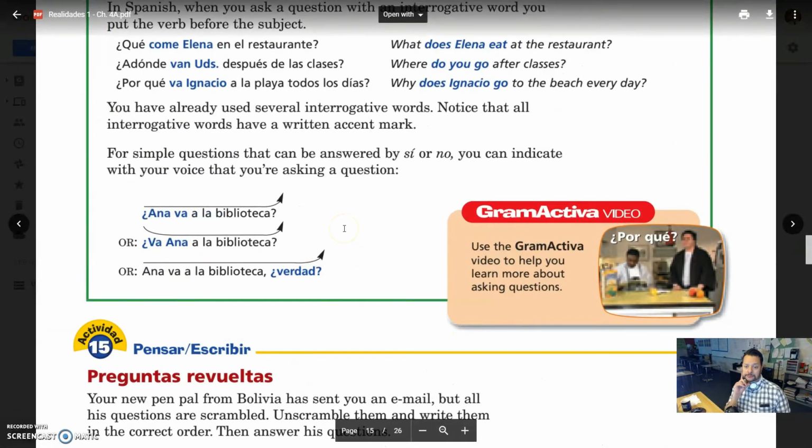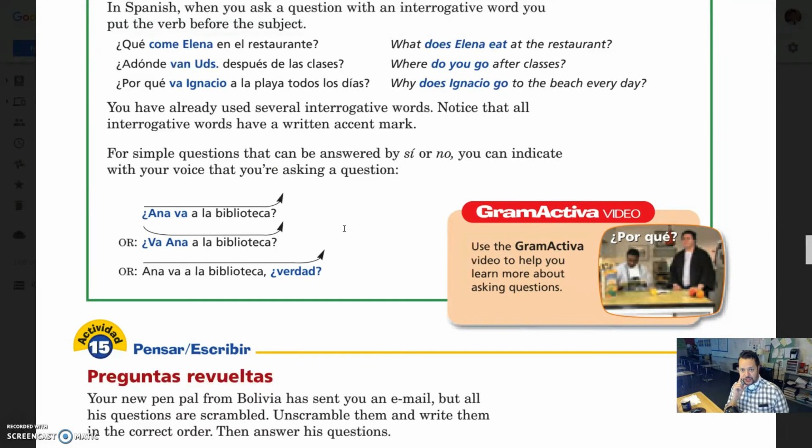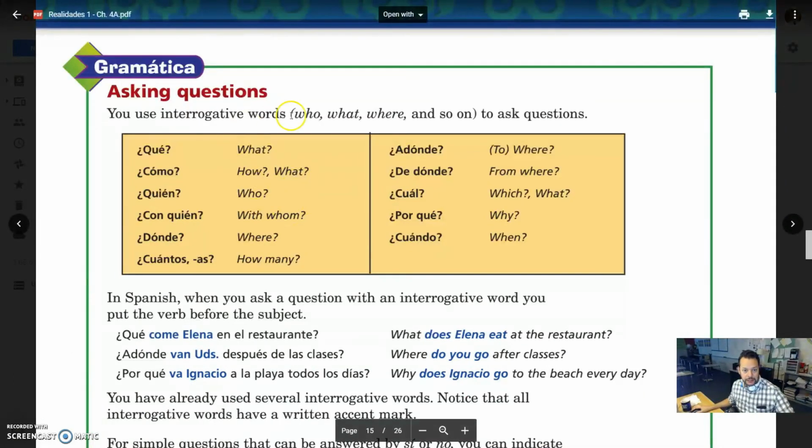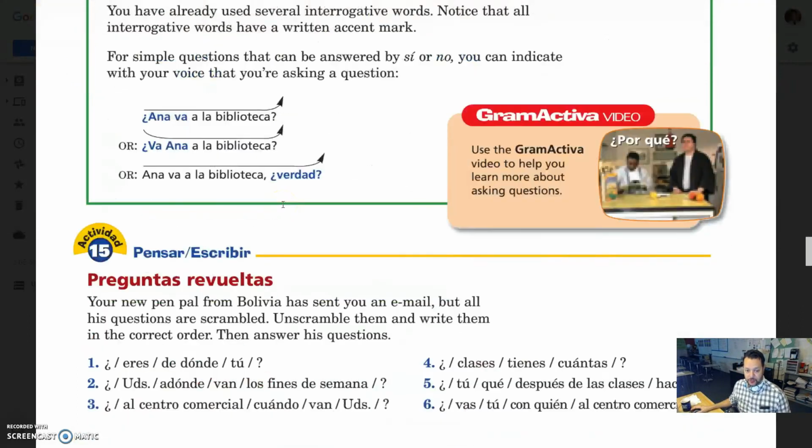And then this last bit right over here, all it is, sometimes if you ask a question, but the answer is going to be either yes or no, then you don't even need to use one of these interrogative words. You just ask the question, but then you have to raise your voice a little bit toward the end of your question so that you let the person you're talking to know that you're asking a question.